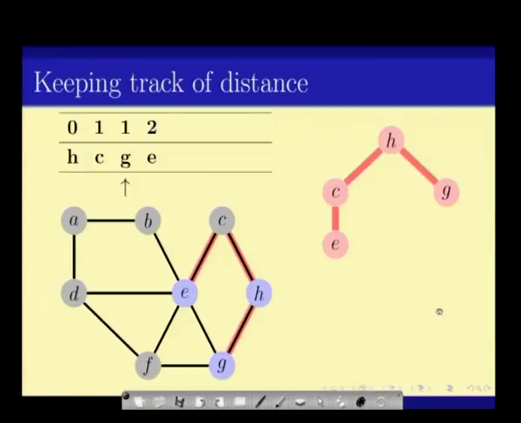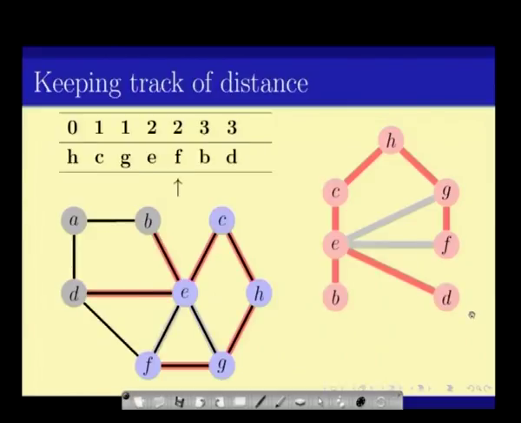Now I look at G. At this point, G has 2 edges going out, F and E. Note here that for F, I write the distance as 2, but this edge to E is not selected because E is already selected. So, it is a non-tree edge. Similarly, for E we do the same thing. We look at these 2 neighbors which are untouched, and look at this F. We also see that there is some new edge that has not been there, and so on.